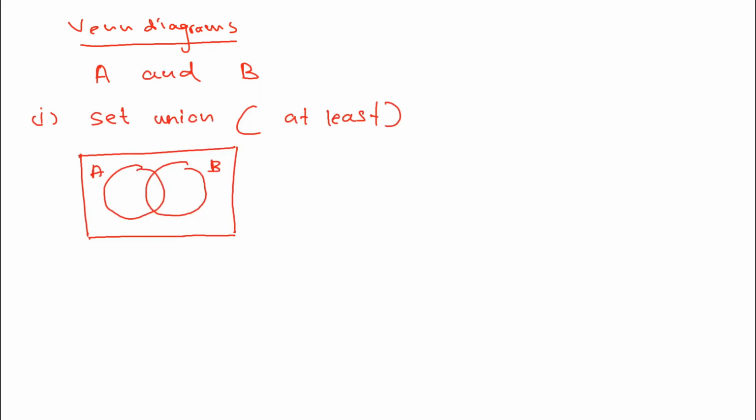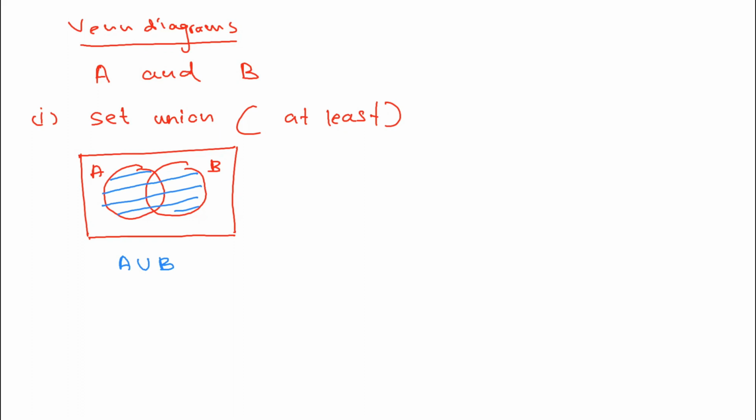You have A, B. So the probability of A union B means occurring at least A or B, which means this area. So here you can write A union B.